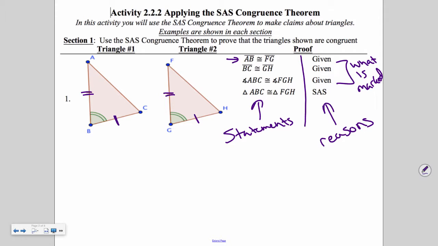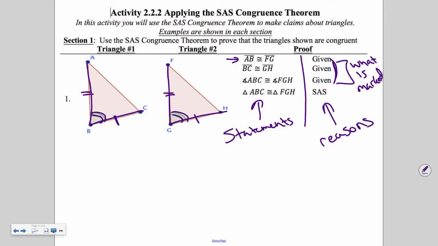In angle ABC, this arc, and FGH, this arc, those angles are congruent because that is given. So you always start off with the givens.